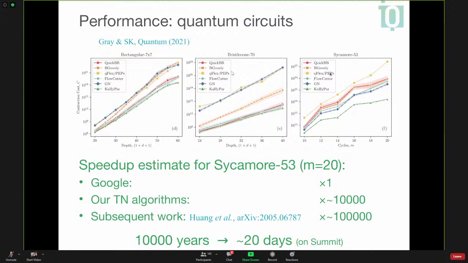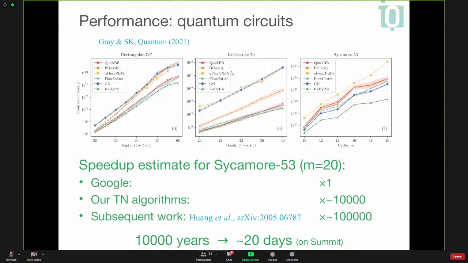But what we show is that by carefully choosing your contraction strategy, you can speed this up by many orders of magnitude. And in fact, using these speedups, you can do the simulation that Google initially claimed would take 10,000 years in actually 20 days. And in fact, people have sped this up even further.